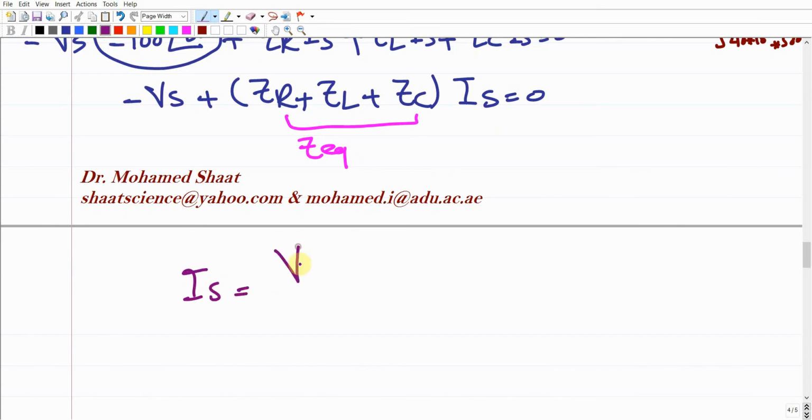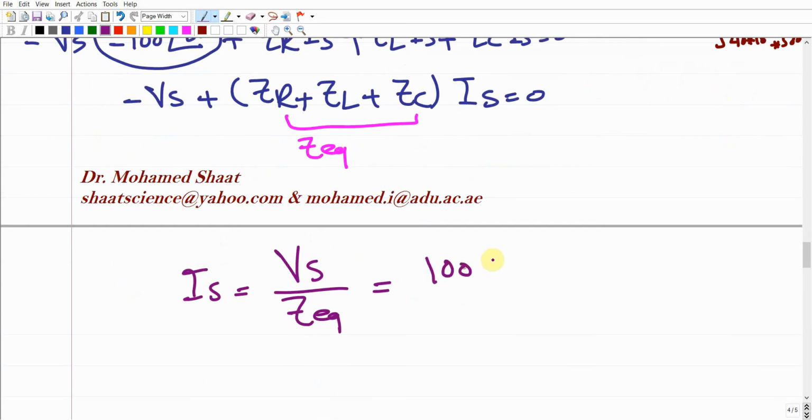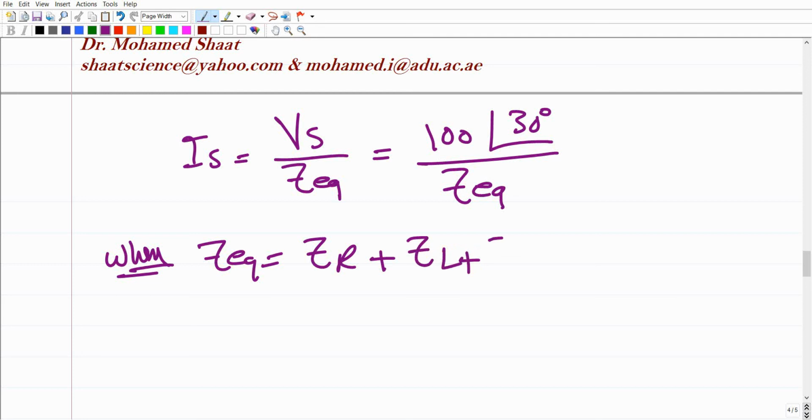Is is Vs divided by Z equivalent. How much is Vs? We already got it in the phasor form as 100 at an angle of 30 degrees, over Z equivalent. Your objective is just to find Z equivalent, which equals Zr plus ZL plus ZC.